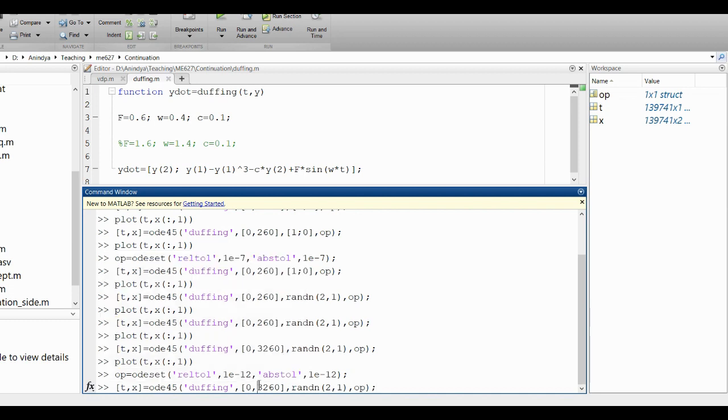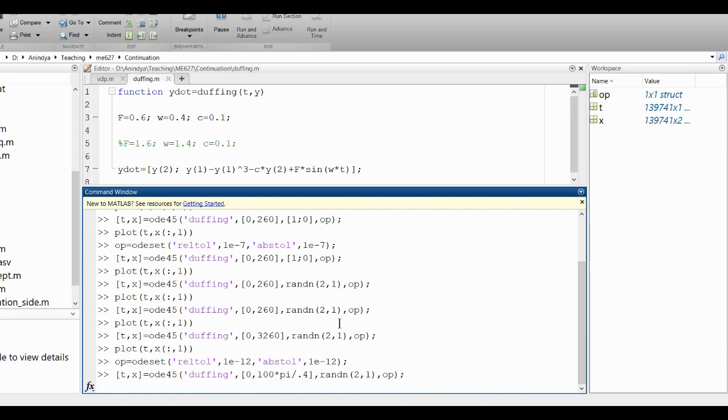So let me say 100 times pi by 0.4. That is an integer number of periods of forcing. So let me do that and see how well we do on that.